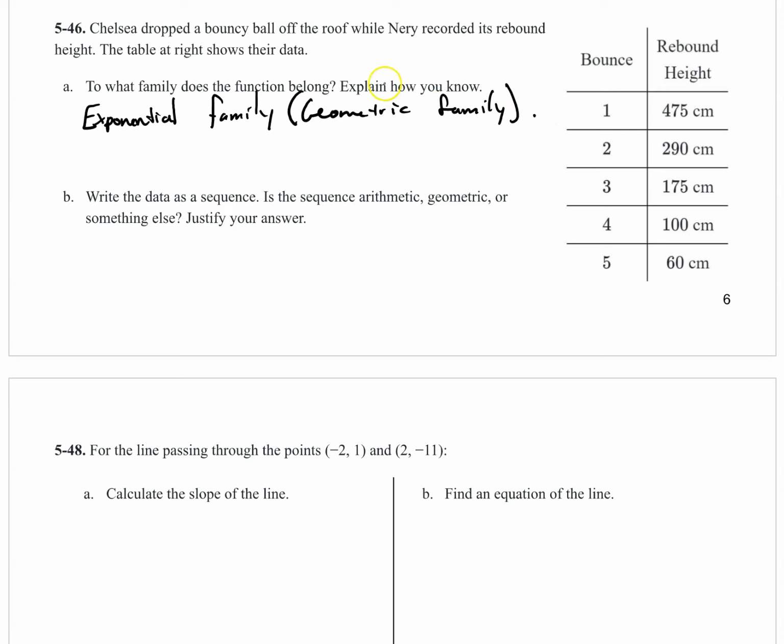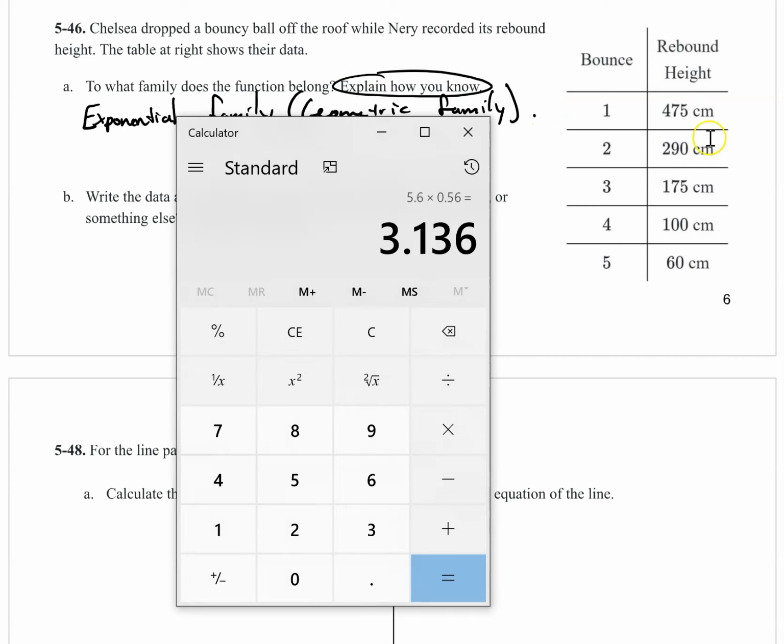And let's explain how we know. So let's take any of these two numbers and divide them together. Let's say 290 and 475. So we get this number, 0.61.